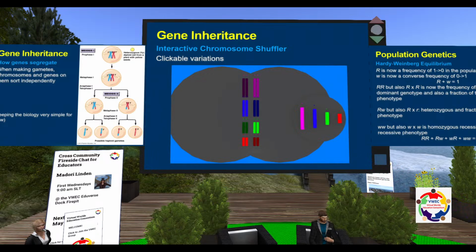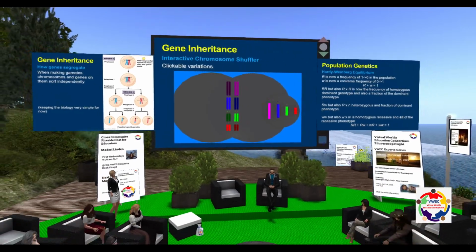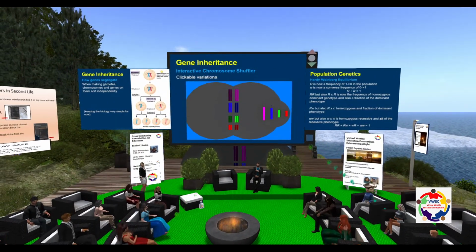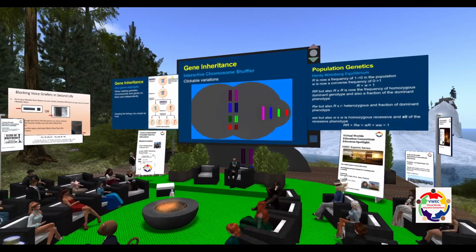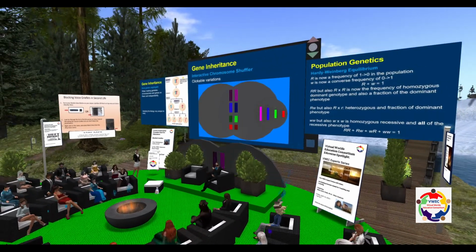I'm going to go ahead and rez it, and hopefully I won't cover up myself too much here. But the idea was to make something that the students could interact with. And so please don't click it.